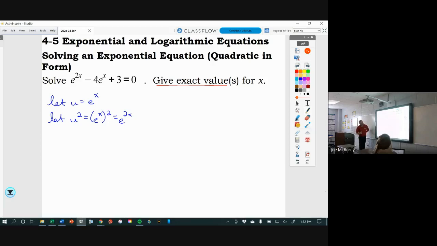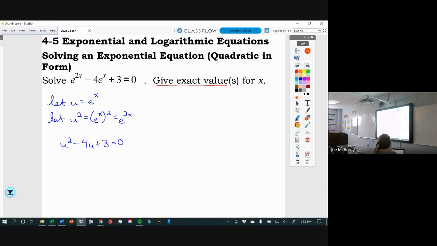By making the substitution, it's definitely going to look like a quadratic. So e to the 2x is the same thing as u squared, minus 4 e to the x, but e to the x is u, plus 3 equals 0. And that is a very basic quadratic that we can factor.